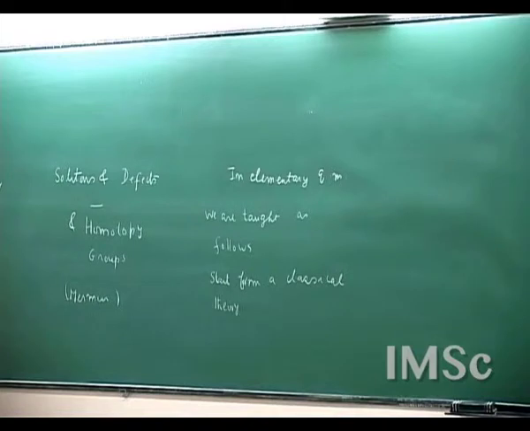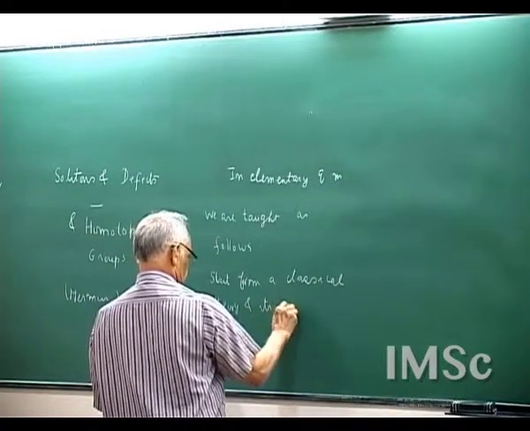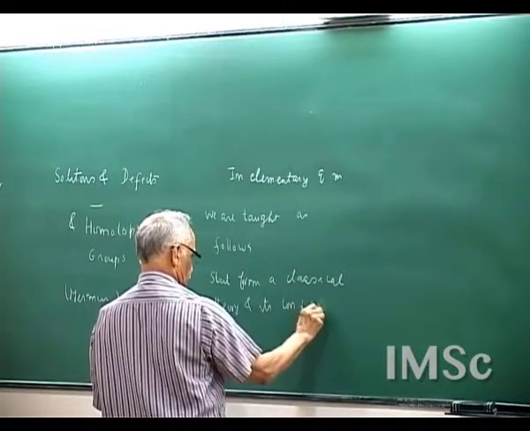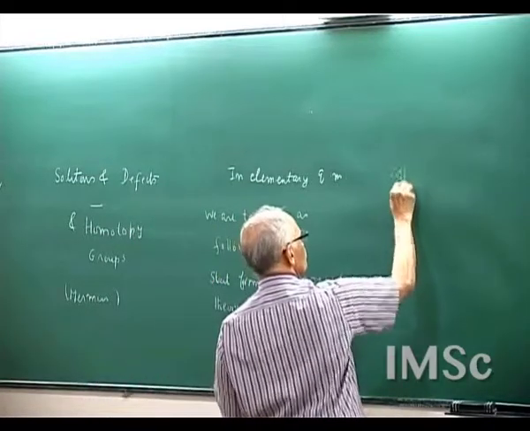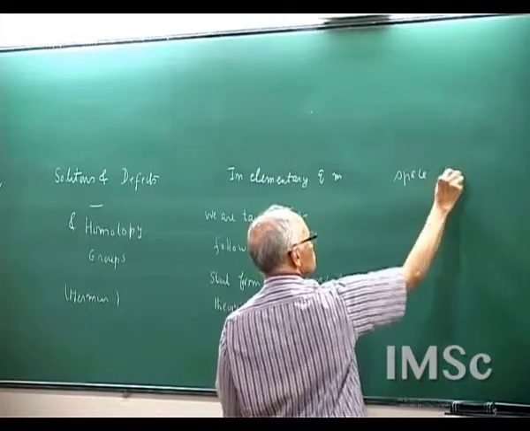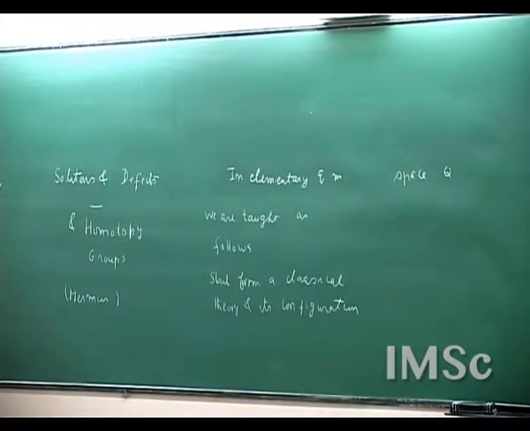So we start from a classical theory and its configuration space, call it Q. For example, it may be a free particle moving in 3 dimensions, and Q will be R3.